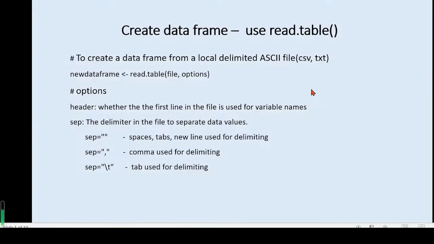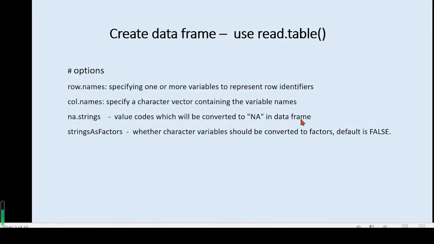We can create a data frame using the function read.table to read a CSV file or TXT file from the working directory. The format is read.table, the file, and some options. For example, we can set the sep option using comma, tab, or space.